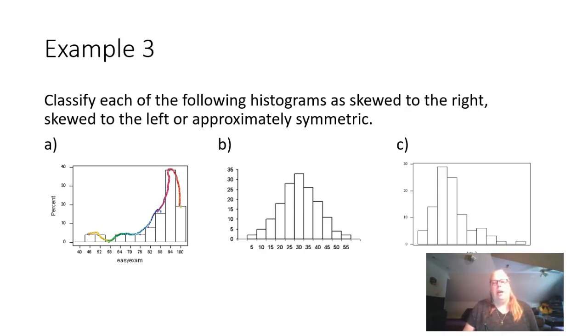And when you can see the graph, I think it makes it a little bit more clear. This one's going to be skewed to the left because the tail is over here on the left-hand side of our mode. So this one we're looking at skewed left.